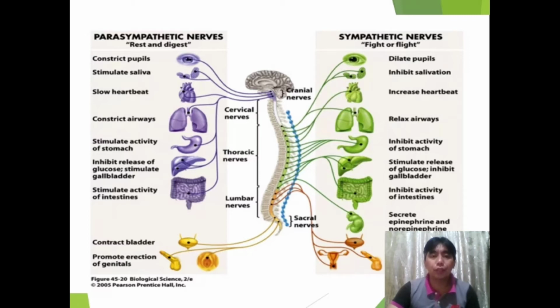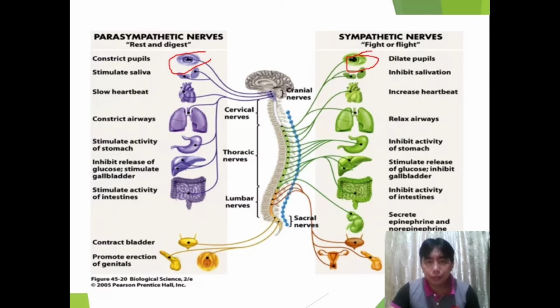So in our eyes, if you can see the drawing of our eyes, we have the parasympathetic nerves in our eyes, and we also have sympathetic nerves in our eyes as well. These are called the autonomic nervous system. Now, how does it work?